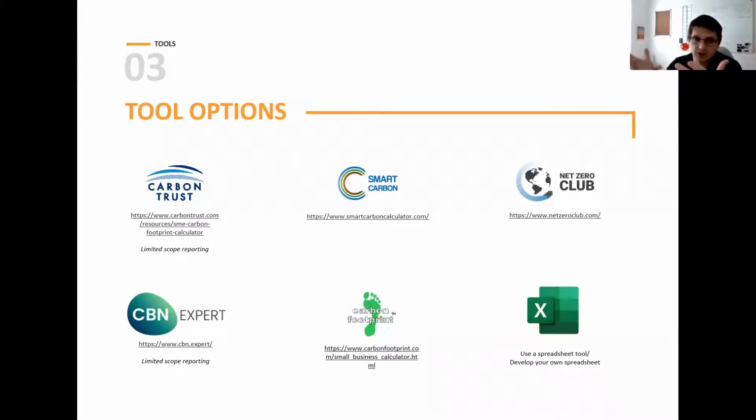You can also take all of the pieces that we've run through here and develop your own spreadsheet. And that's a perfectly reasonable approach to it, but the level of caution that I've just highlighted in the previous slides should not be forgotten. You're going to be a lot more confident in the results you get along that journey if you use a platform that has been validated in some way.